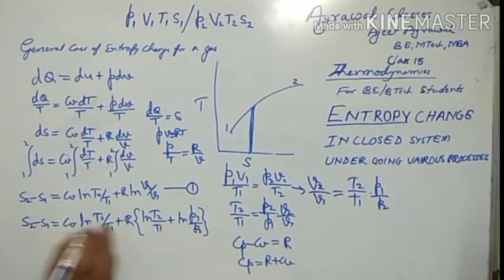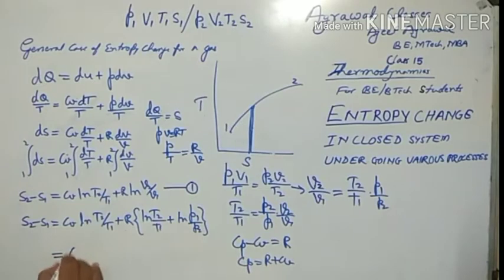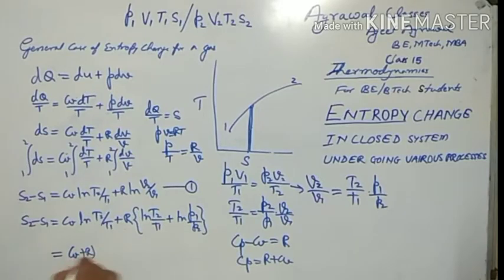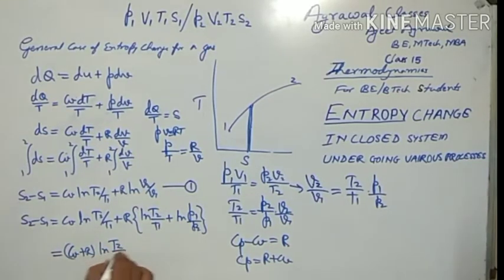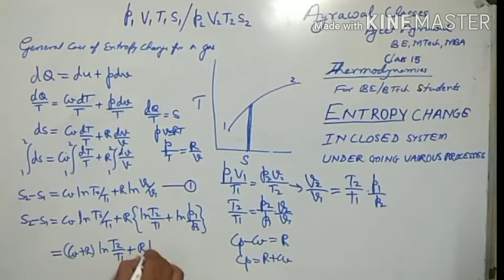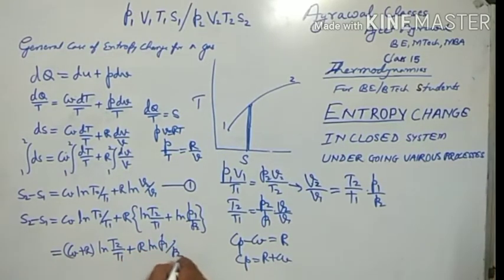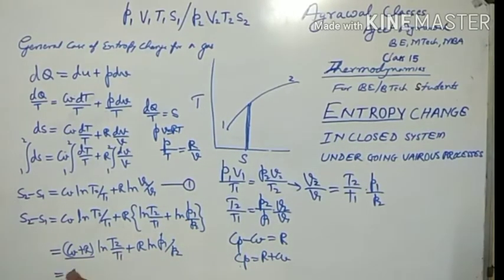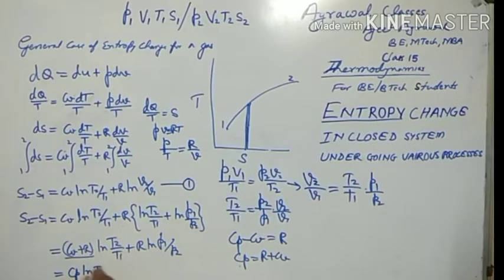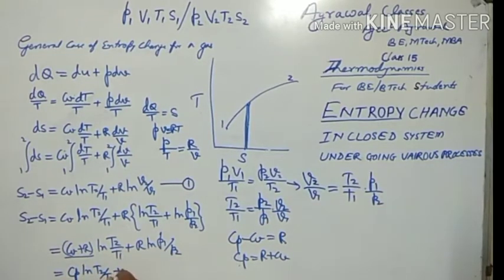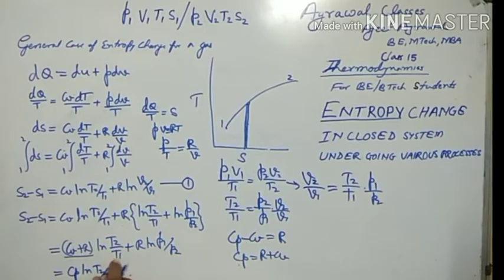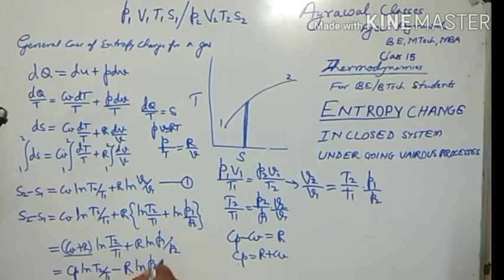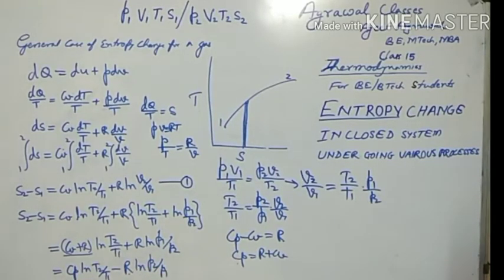Taking the T2 by T1 terms together, it is Cv plus R times log of T2 upon T1 plus R log of P1 upon P2. This Cv plus R we can again write as Cp, so it becomes Cp log of T2 upon T1 minus R log of P2 by P1, writing P2 by P1 instead of P1 by P2.